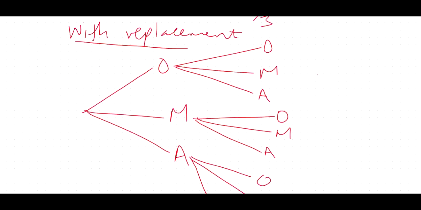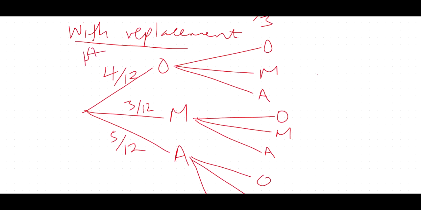So what happens? We are saying in the first one, the probability will just remain. So 4/12, 3 out of 12, then 5/12, like that. So this is the first pick.